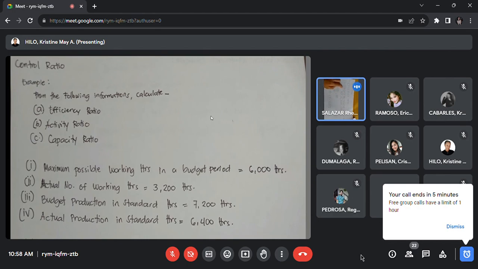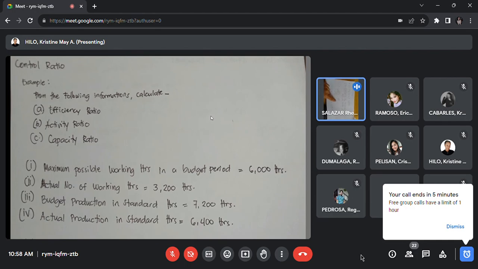Efficiency ratio, ang formula is standard hours for actual output divided by actual hours worked times 100. So, ang standard hours for actual output is 6,400. I-divide nato sa 3,200, ang actual hours worked.